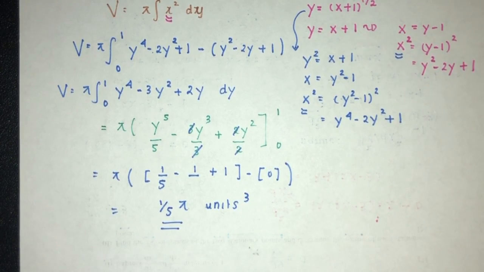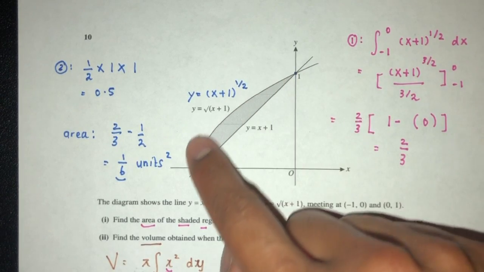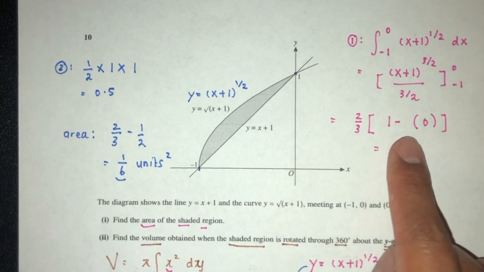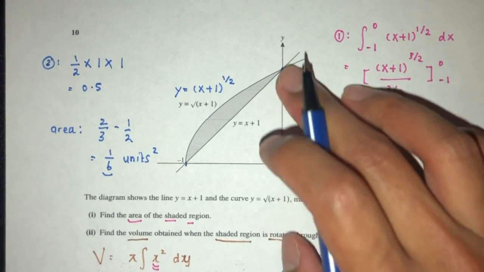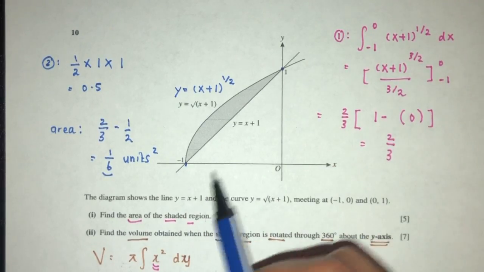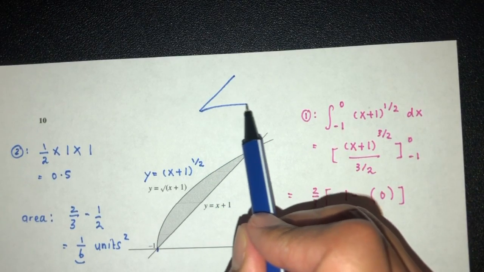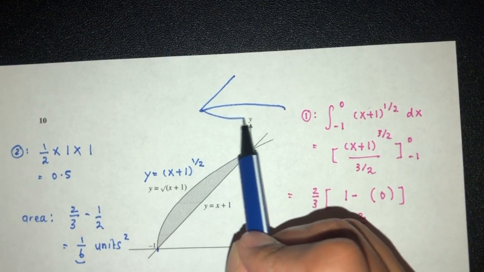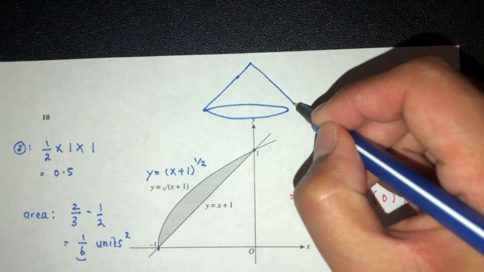Now there is obviously another way to find this. We can first find the volume obtained when you rotate this curve around the y-axis. You find the whole volume that you need, and then you have to remove the volume of a cone, because if you rotate this straight line around this, you will have a shape like this, right? This will be a straight line. Rotate it around the axis and you will have something like this, for example.